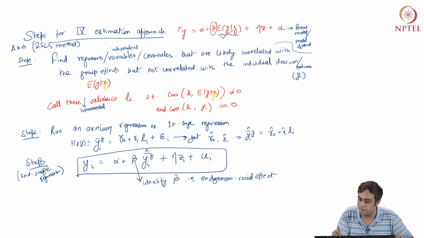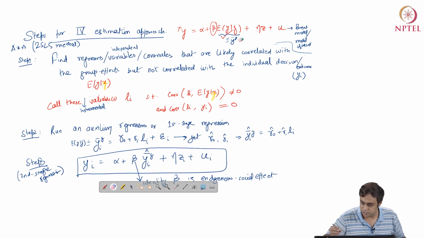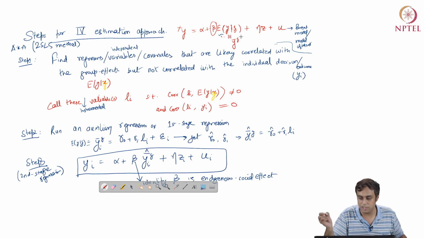So, I am just defining the expectation of y given G as y bar g, just to represent the group level average of the outcome.